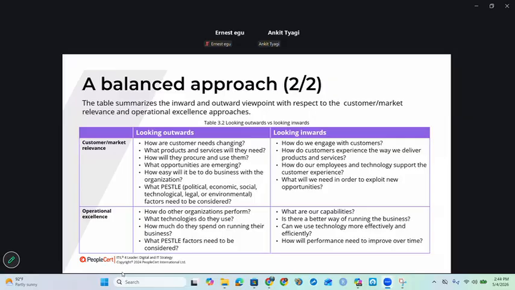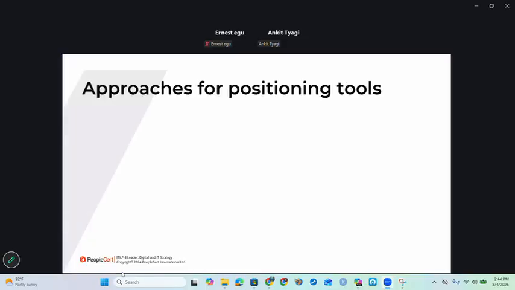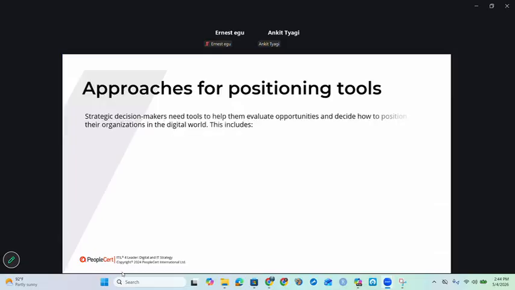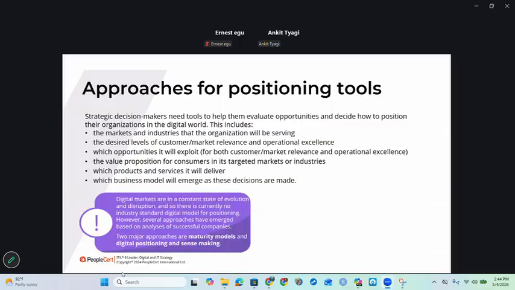Then there is the positioning tool for digital organizations. For positioning tools as well, we need to identify the right approaches. Strategic decision makers need tools to help them evaluate opportunities and decide how to position their organization in the digital world.